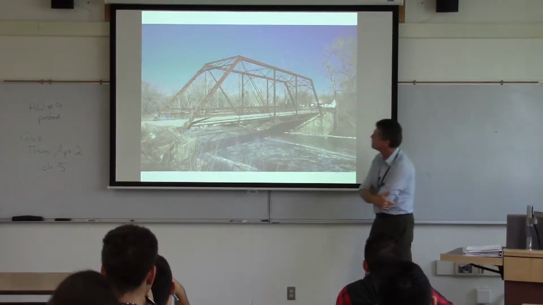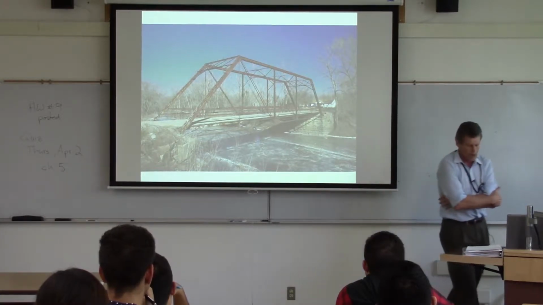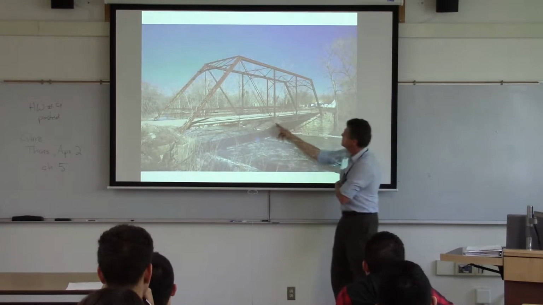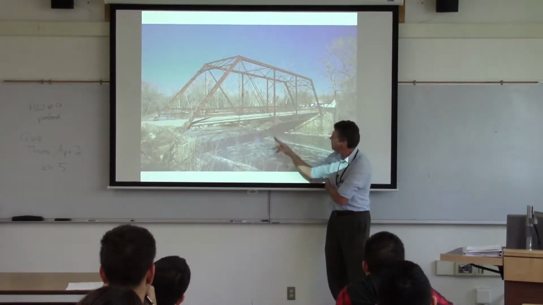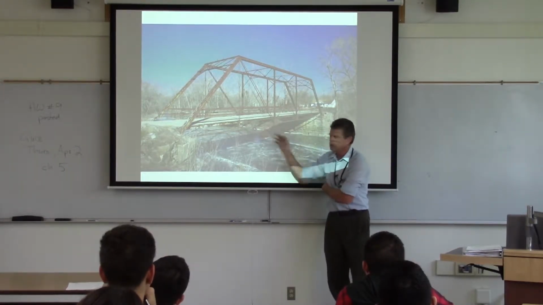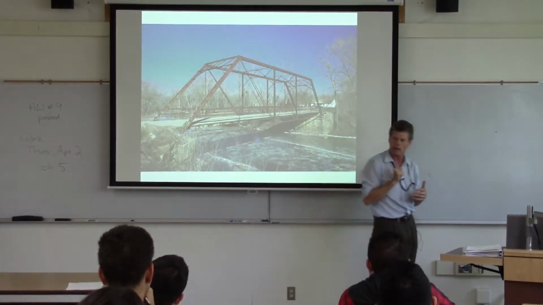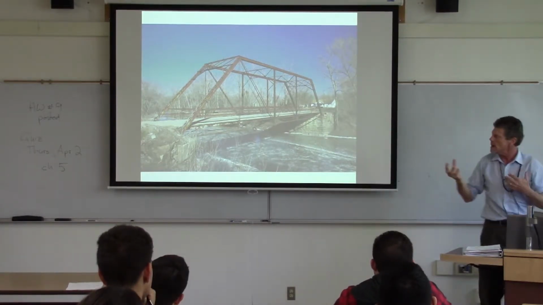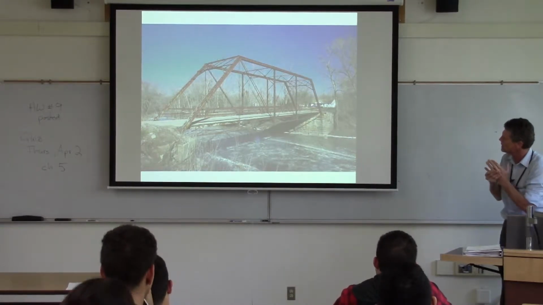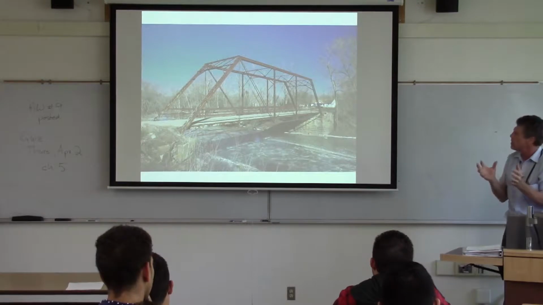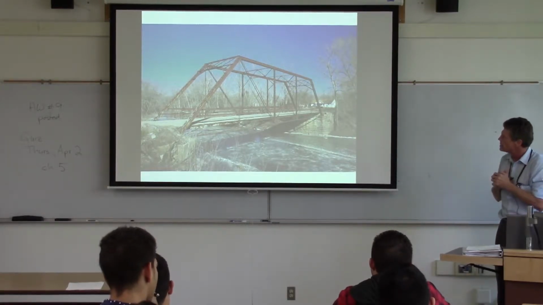They do them with wood too. The other key thing is that none of these members, though all connected, are long compared to the span they're crossing. So one of the key things we like about trusses is we can compose it of a whole bunch of small members to cover a vast space.